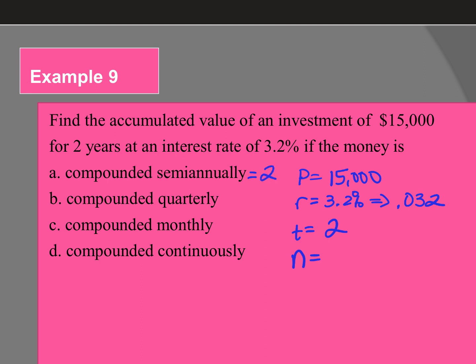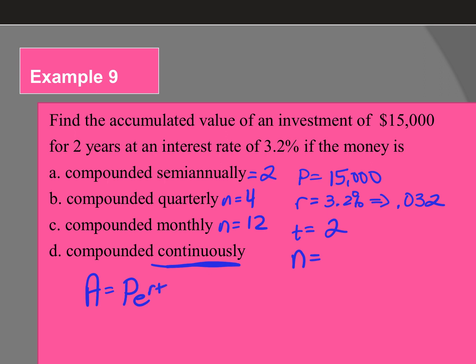Twice, 2 times. You guys have to know what these words mean. If something is compounded quarterly, how many quarters are there in a year, or a dollar, or in a football game? 4. If something is compounded monthly, how many months are in a year? 12, good. And then if I see continuously, who is my friend that I think of? My friend Pert.